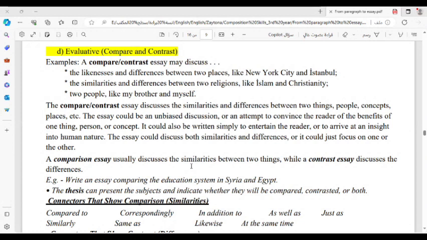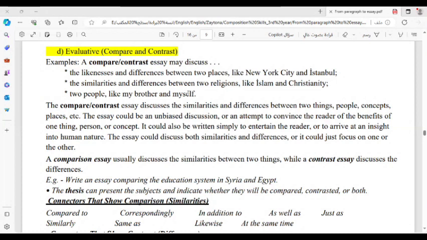The compare and contrast essay discusses the similarities and differences between two things: people, concepts, places, etc. The essay could be an unbiased discussion or an attempt to convince the reader of the benefits of the one thing, person, or concept.